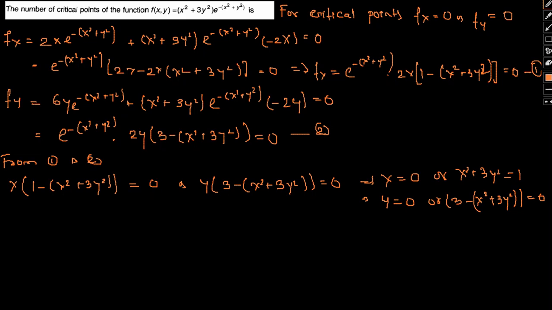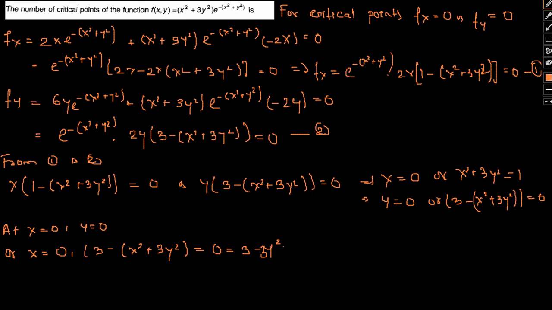So now at x equal to 0, y equal to 0, or x equal to 0 and 3 minus 3y squared equal to 0, which further implies y equal to plus minus 1.